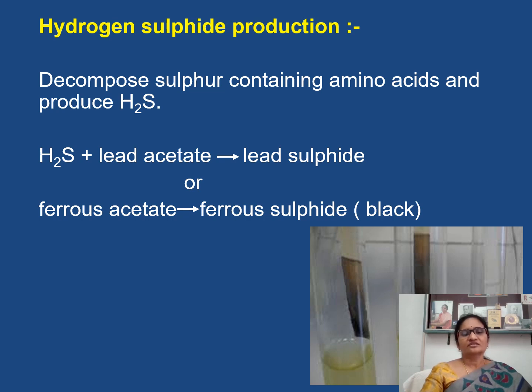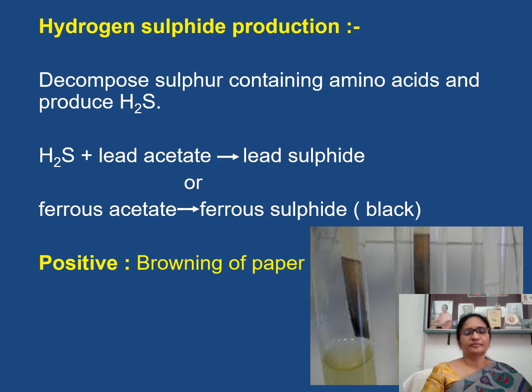If it is a ferrous acetate strip, ferrous sulfide is the black precipitate formed here. If black precipitate is produced, the organism is a hydrogen sulfide producing organism. Just like Salmonella typhi, Salmonella paratyphi B and Proteus species, all these are hydrogen sulfide producing organisms. That is about hydrogen sulfide. Browning of paper indicates hydrogen sulfide production.